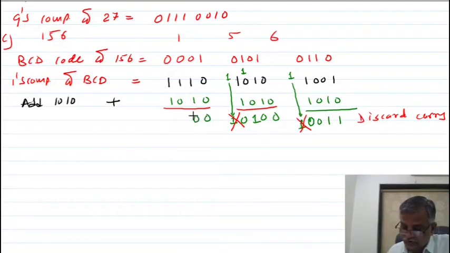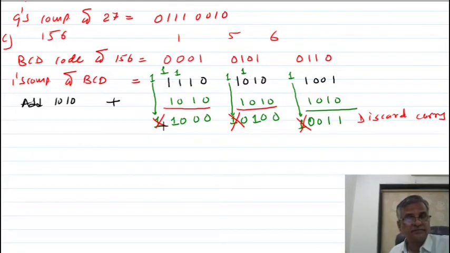Third, 0, 0 carries 1, 0, 1, 1 plus 1, 0 carries 1. It is 1 carries 1. Discard this carry. So your answer is 1000 0100 0011.